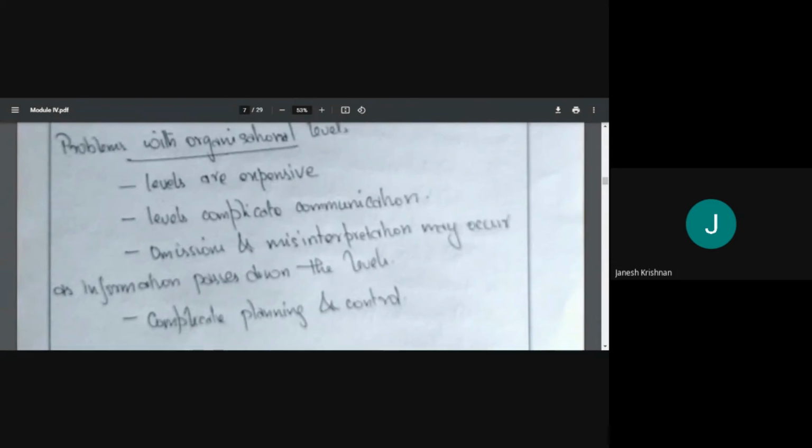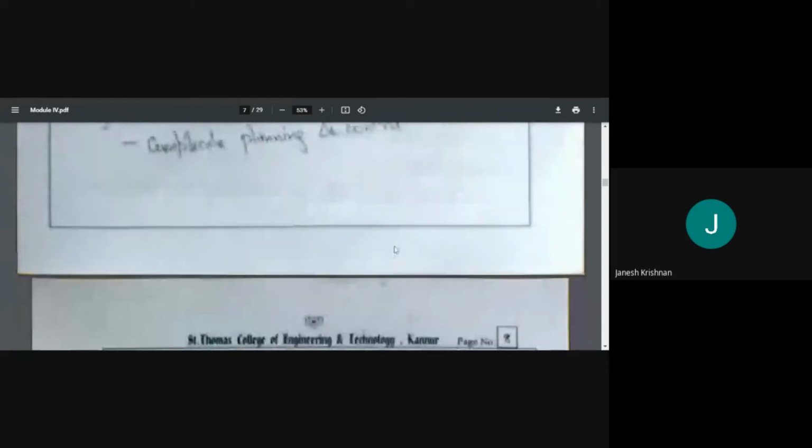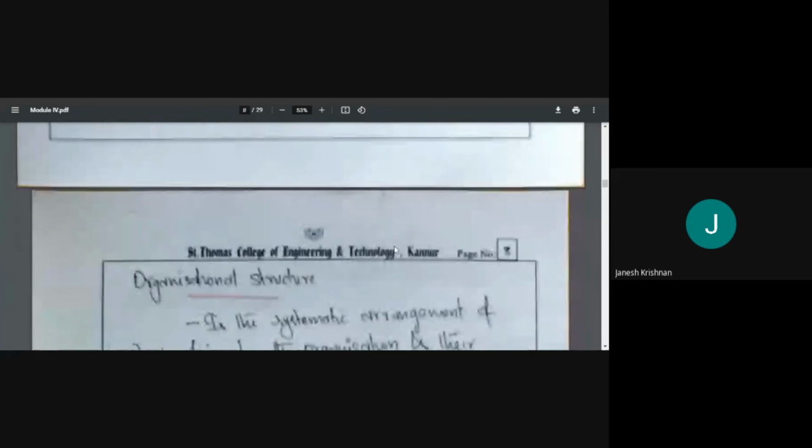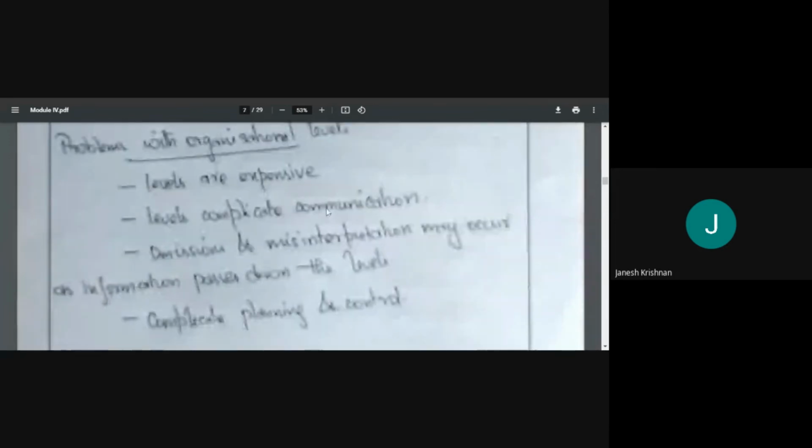So omissions and misinterpretation may occur as information passes down, and they complicate planning and control. If there are too many levels, then planning and controlling becomes complicated. So organization levels are expensive. The levels complicate communication. Then omission and misinterpretation may occur.